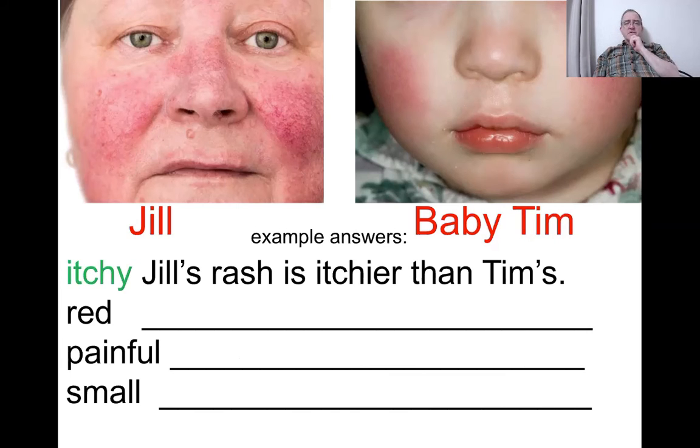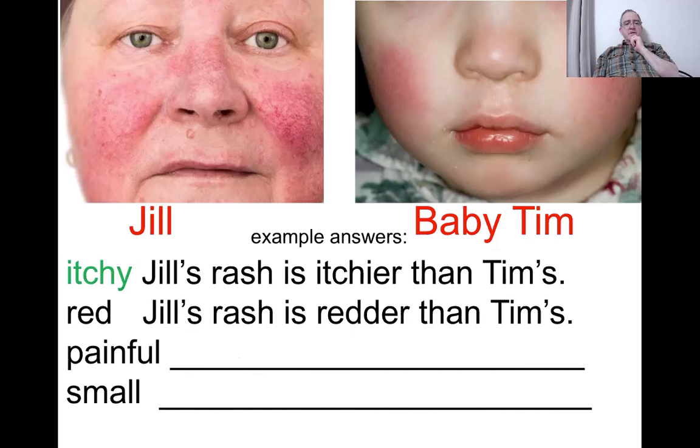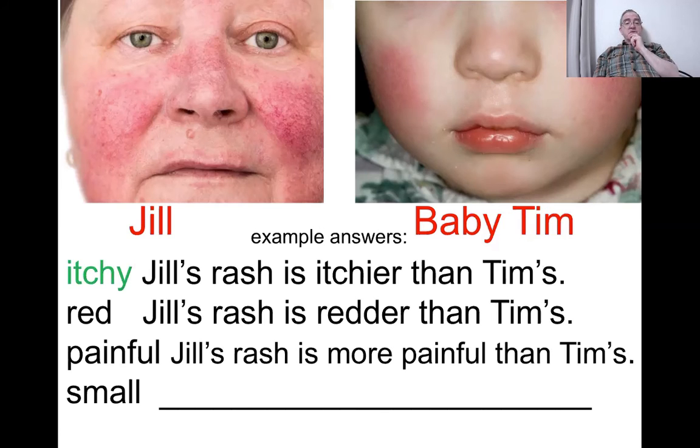Maybe, I think so. Red. Jill's rash is redder than Tim's. Definitely red. Redder. Painful. Jill's rash is more painful than Tim's. We can also say it looks more painful. Jill's rash looks more painful than Tim's.